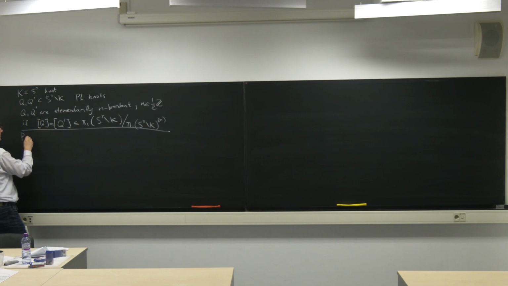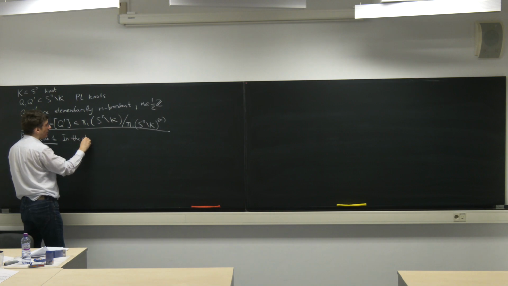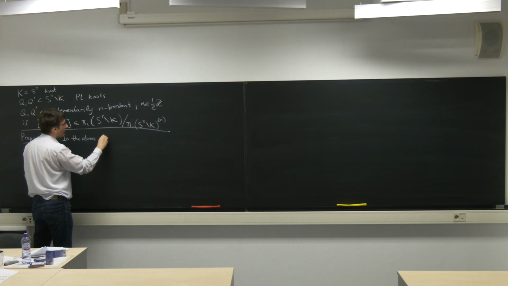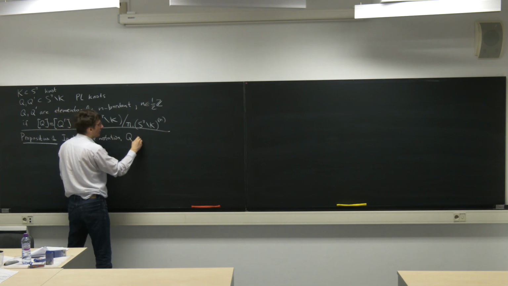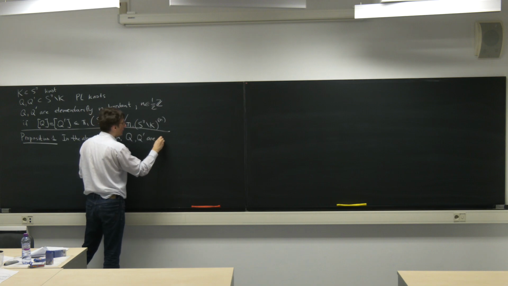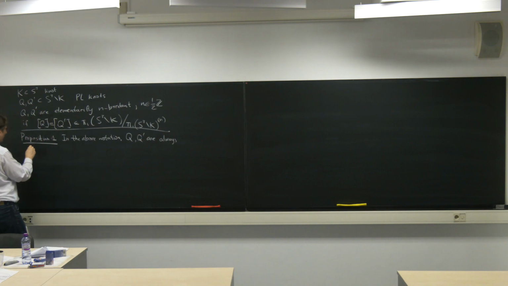Okay, proposition 1. So, in the above notation, Q and Q prime are always two-bordered.